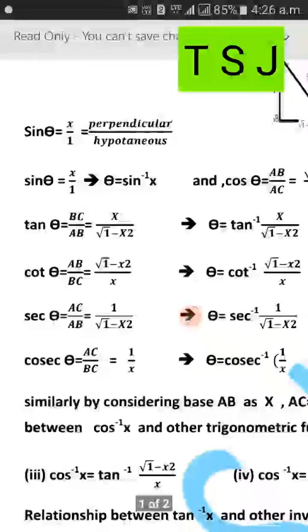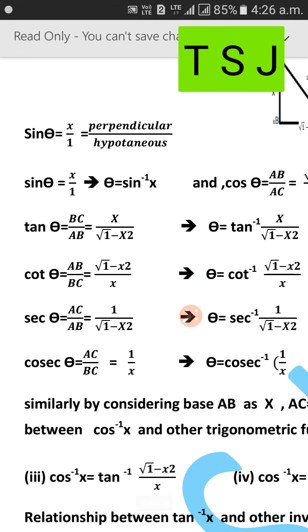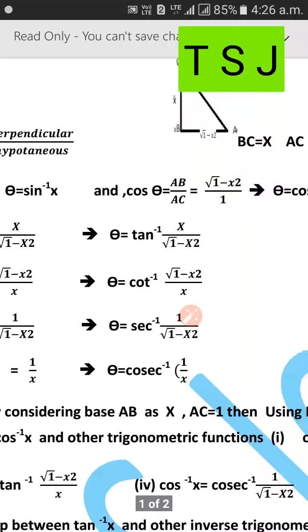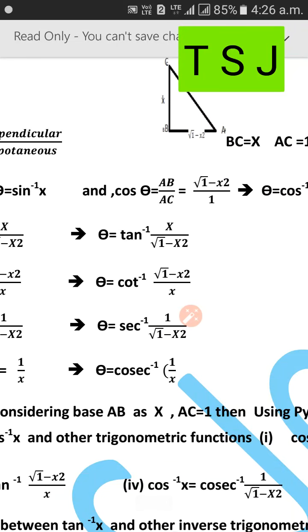Now sine theta is x upon 1, so theta is sine inverse x. Now here you determine the value of cos theta. Cos theta is AB upon AC equal to under root 1 minus x square upon 1.